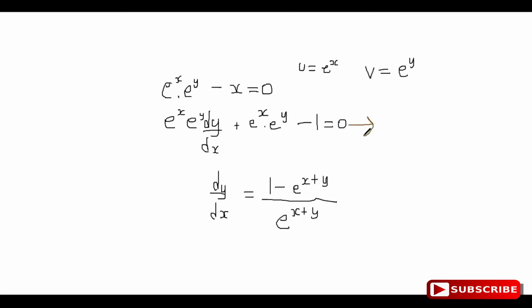So I'm going to rewrite this now as this part. You can rewrite it as e to the x plus y times dy by dx. I'm going to write dy by dx as y prime, and that's equal to, bring over that as we were saying, 1 minus e to the x plus y. Remember, in order to get y prime to be the subject, we have to divide both sides by e to the x plus y.